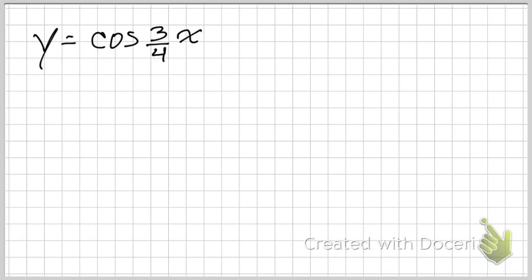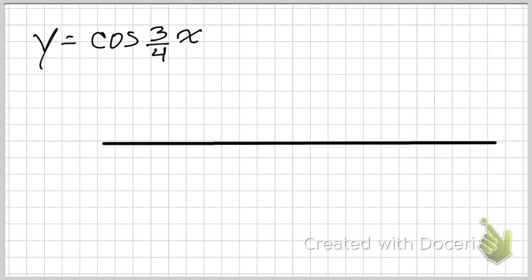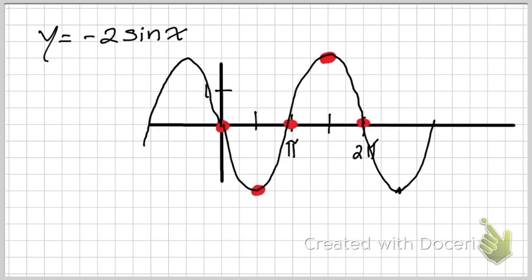Okay, so what is happening here? I've got this 3/4 x, right? What is that doing? Well, let's see if this makes sense to you. If we said this is giving us a vertical stretch, see that 2 there?